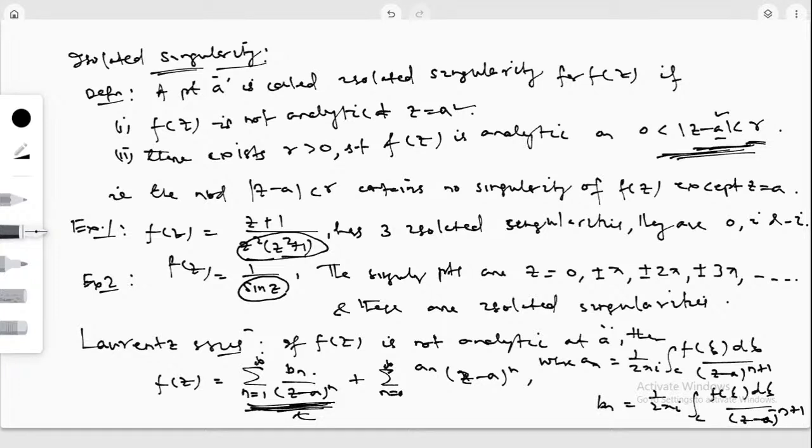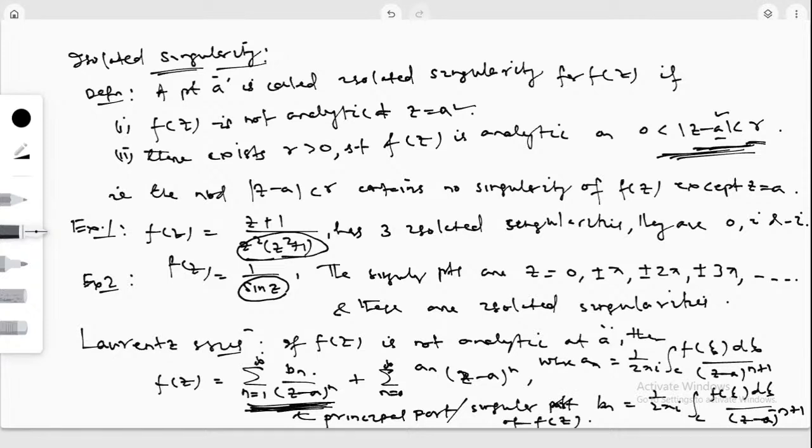The negative powers of z minus a in the Laurent series expansion are called the principal part or singular part of f of z.